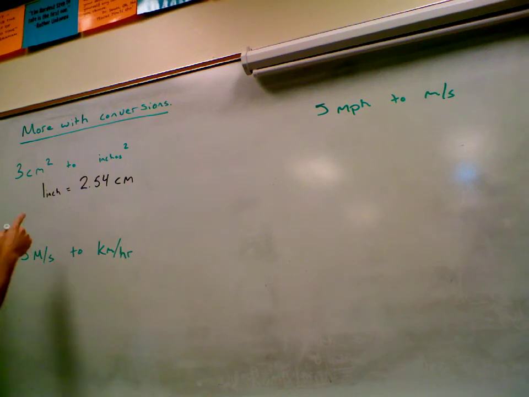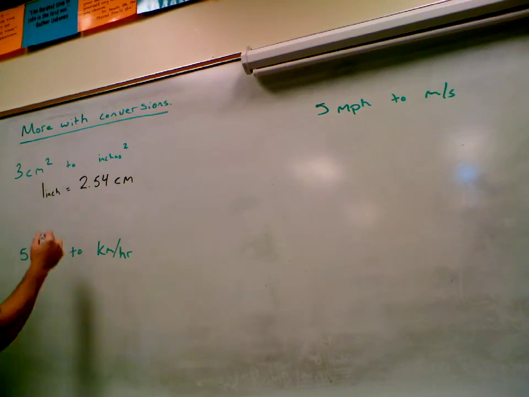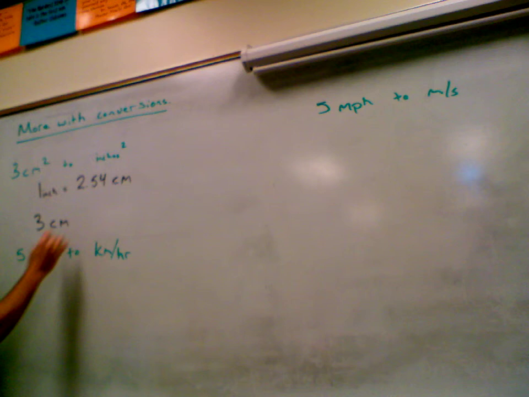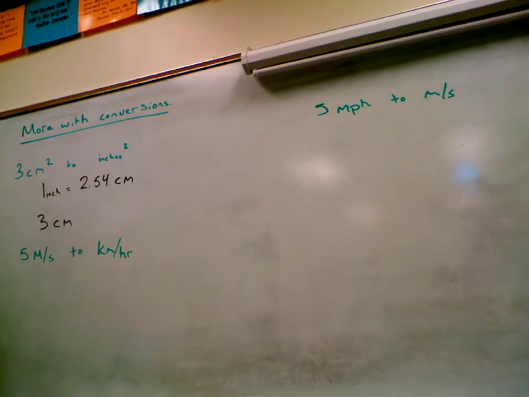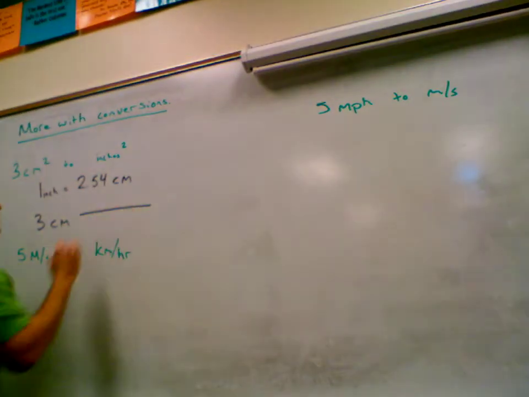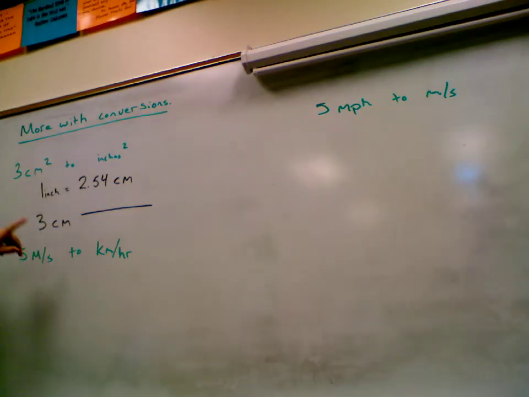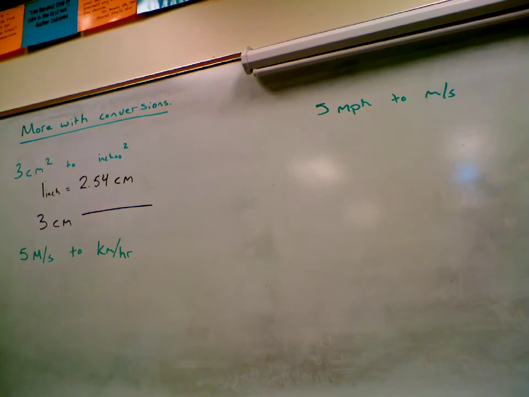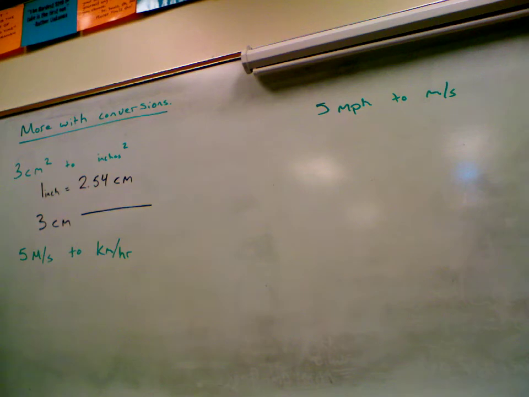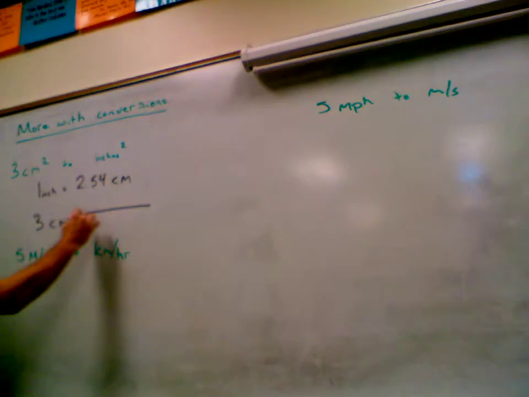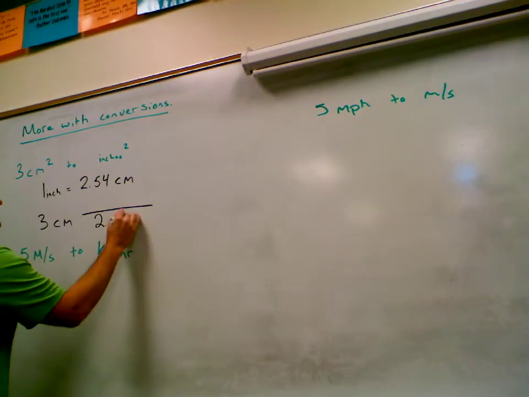So if I was going to convert 3 centimeters to inches, I would start with 3 centimeters, right? Then I'd do what? Fraction bar, right? Now, if I was just working with 3 centimeters, not centimeters squared, where would these go? Michael? Centimeters would go on the bottom. Good. So we put 2.54 centimeters on the bottom.